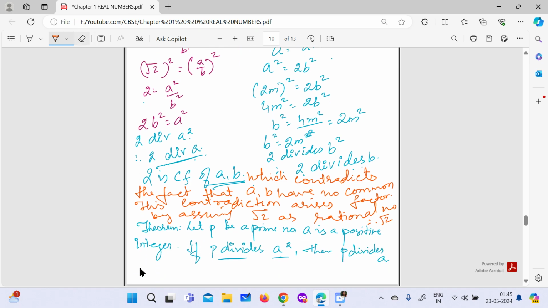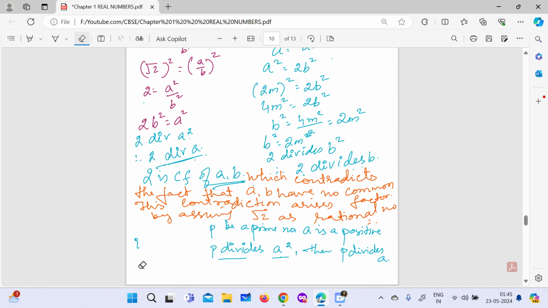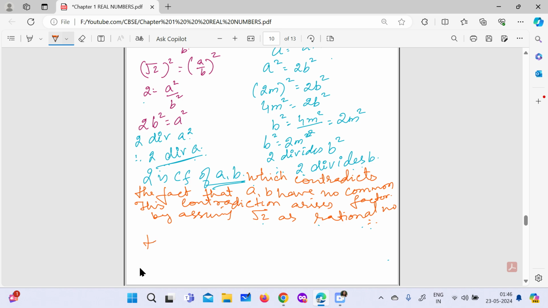I hope this is clear to everyone. So let me complete my sentence. So we can say that hence root 2 is an irrational number. Simple.